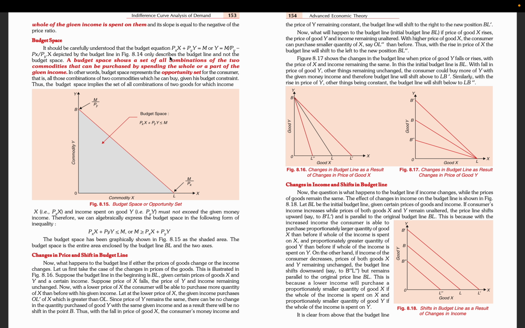In other words, budget space represents the opportunity set of the consumer. The opportunity set, which means given this constraint of money that you have, what all can you buy? That is all those combinations of two commodities which he can buy given his budget constraint. Thus, the budget space implies the set of all combinations of two goods for which income spent on good X, that is PXX, and income spent on good Y, which is PYY, must not exceed the given income.